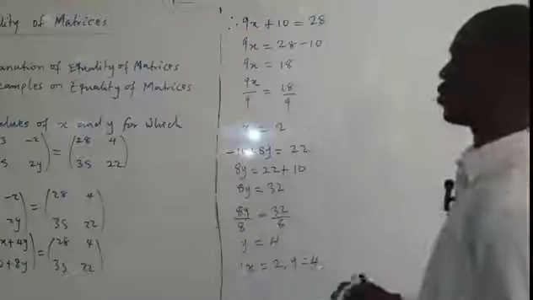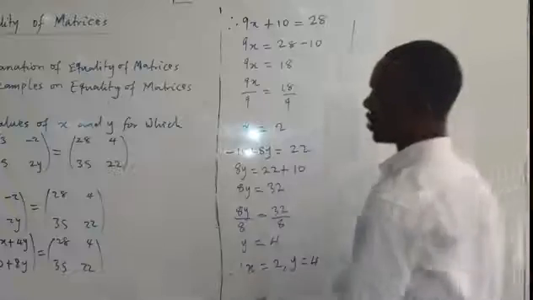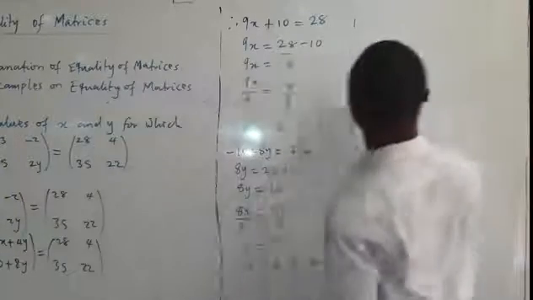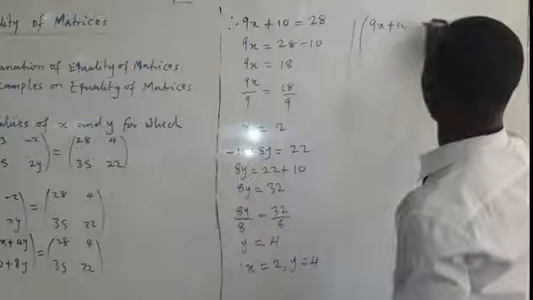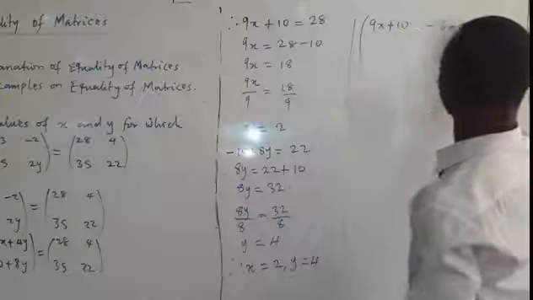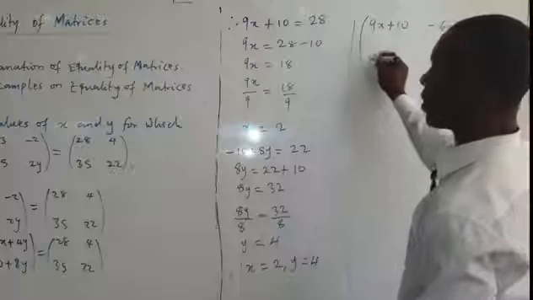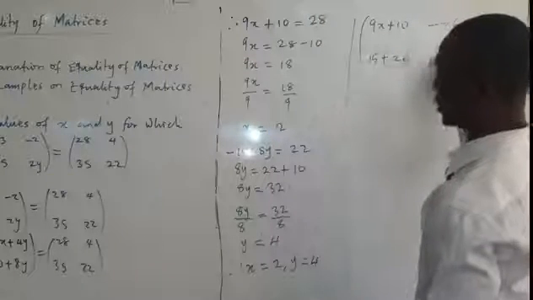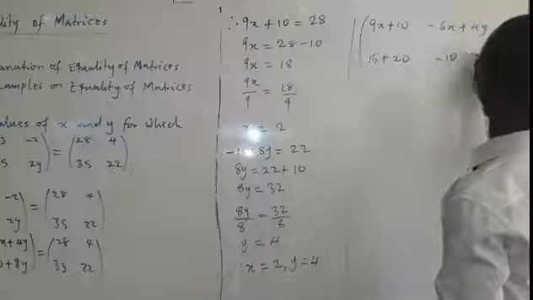If you want to know whether what we solved for is correct, just take this matrix. So we have the matrix 9x plus 10, minus 6x plus 4y, then 15 plus 20, then minus 10 plus 8y.